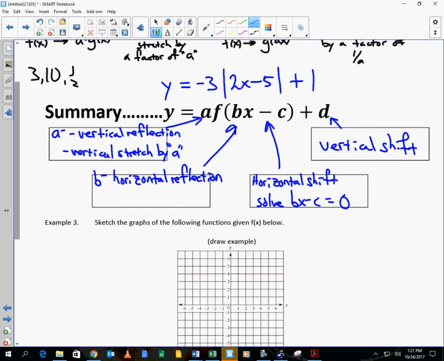And then we said that B also creates a horizontal stretch, right? So horizontal stretch by a factor of 1 over b. So it's the reciprocal value. Okay.